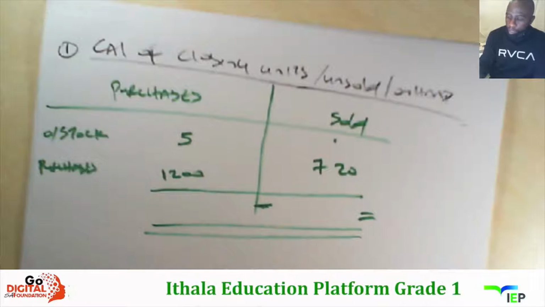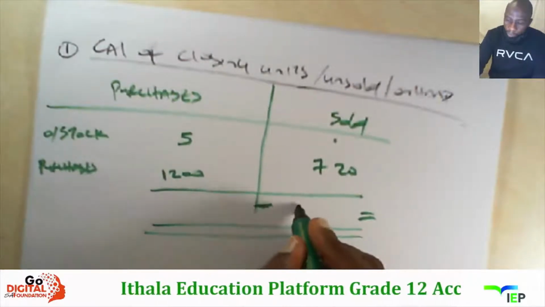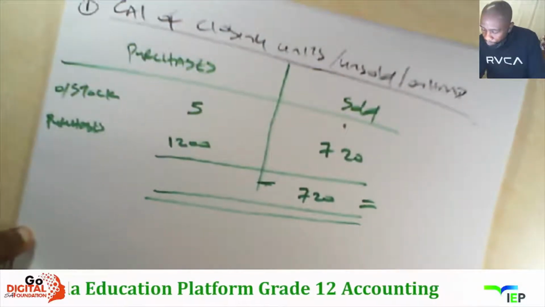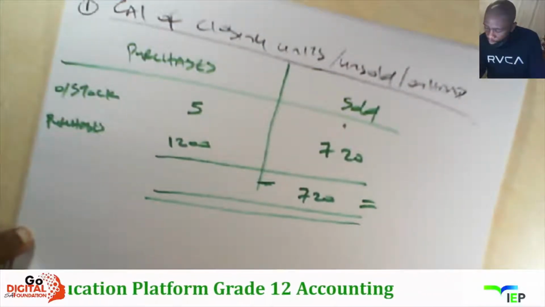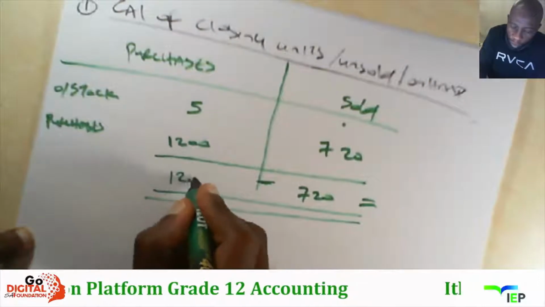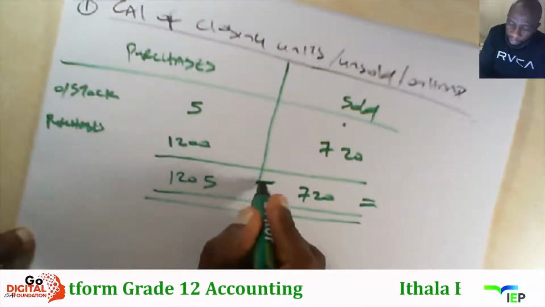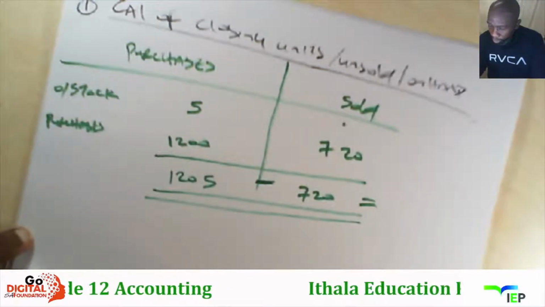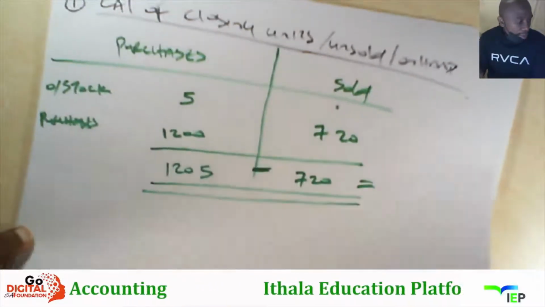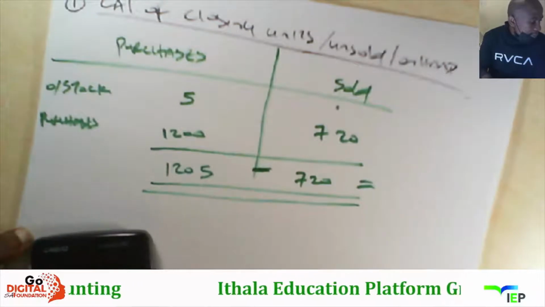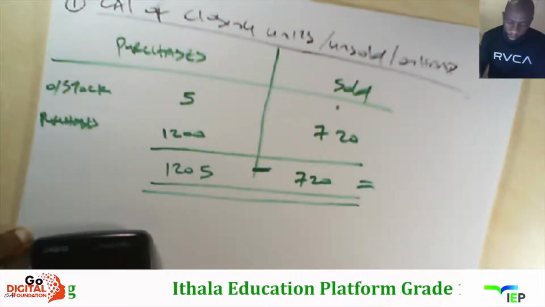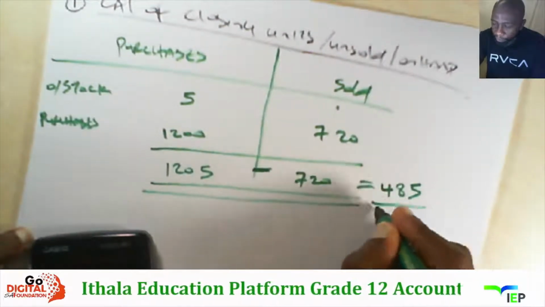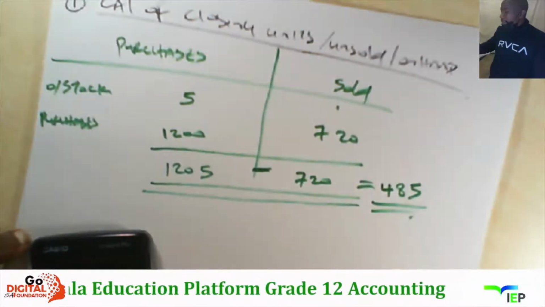So very easy, you do this. We have 720. So now 5 plus 1,200 is 1,205. 1,205 minus 720. You get 485. 485 is the same as what?